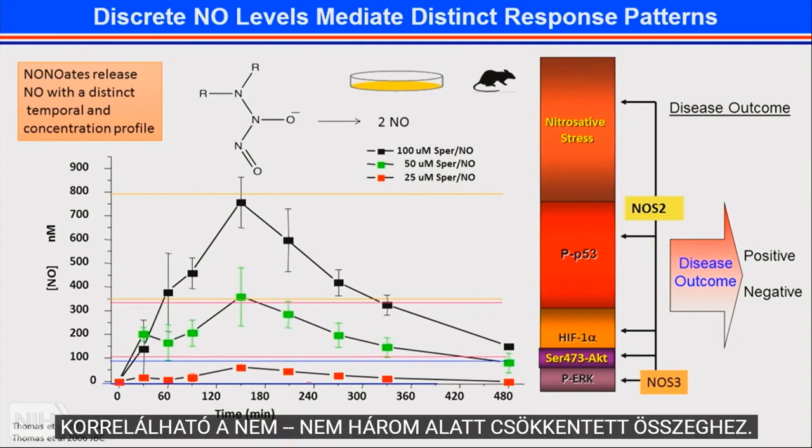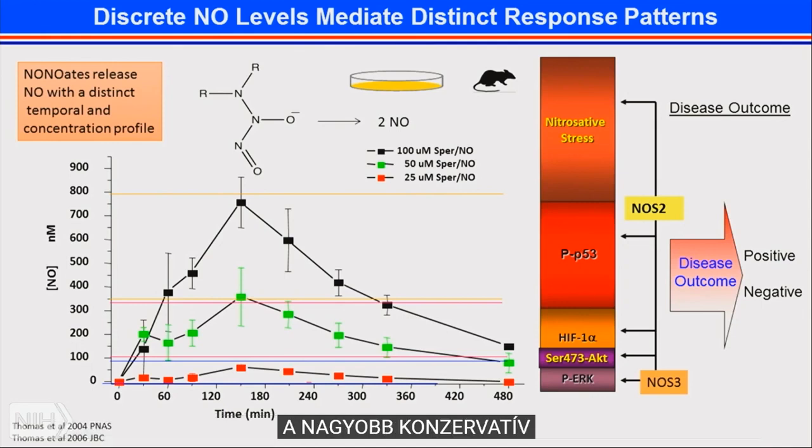As the NO production increases, HIF1 alpha can be stabilized, and at a higher concentration, P53 is phosphorylated, and then there can be nitrosative stress-mediated signaling, such as modification of thiol residues. This concentration can be achieved by NOS2. In a cancer cell, the flux of nitric oxide is believed to be around 300 nanomolar, which is in this range. So based on the flux of nitric oxide in the cell, the outcome of the disease can be modified.